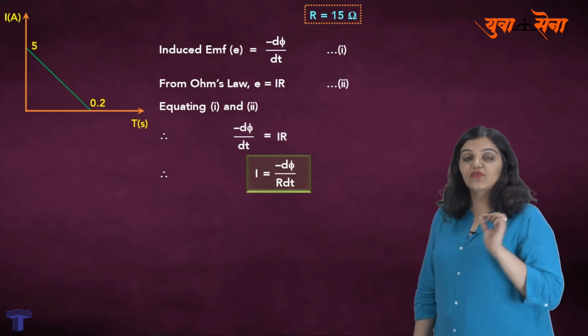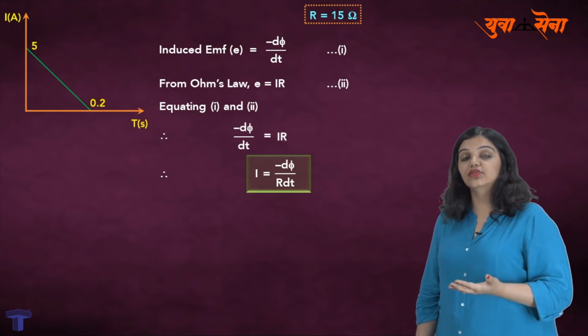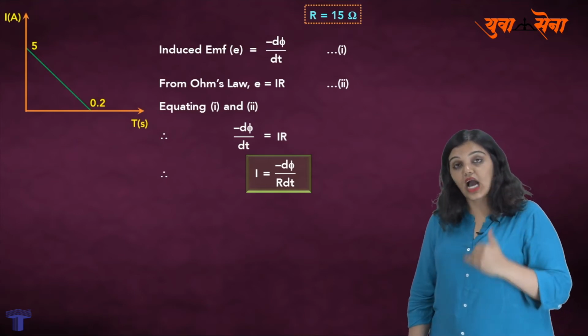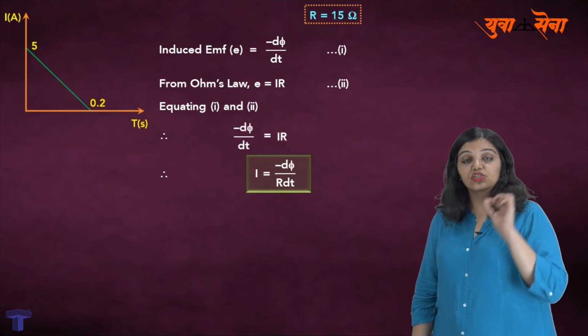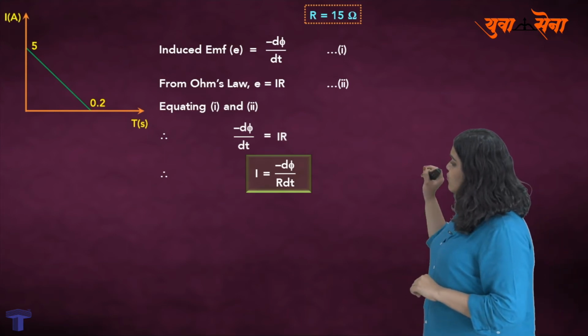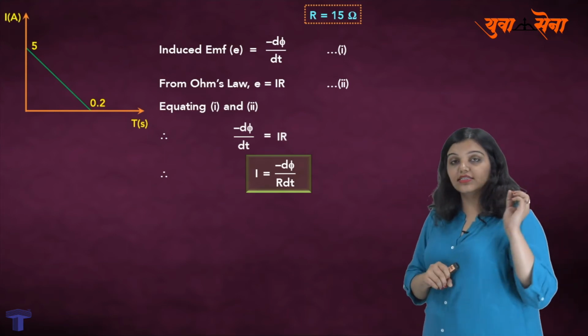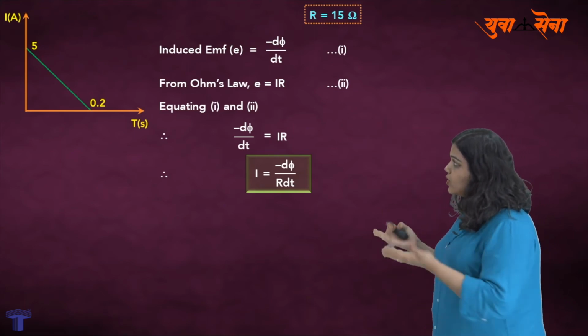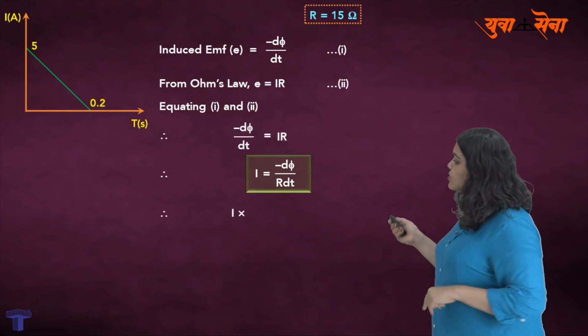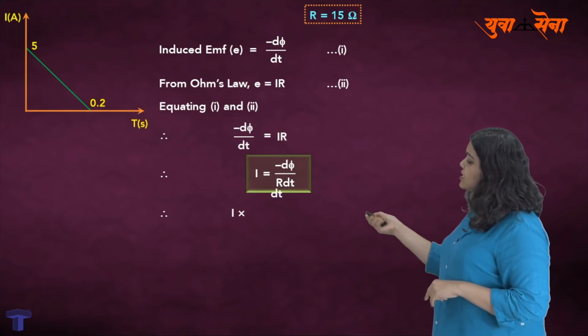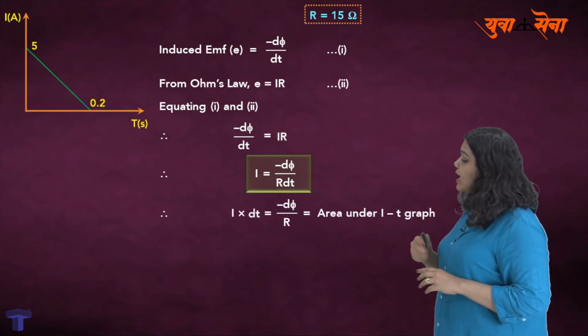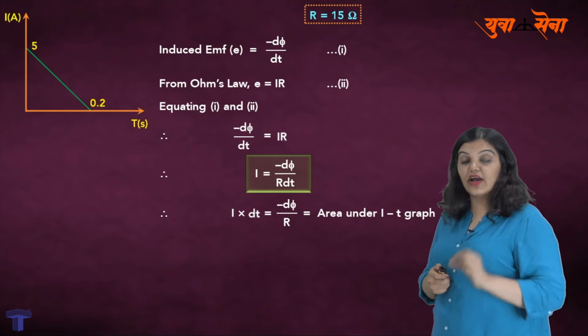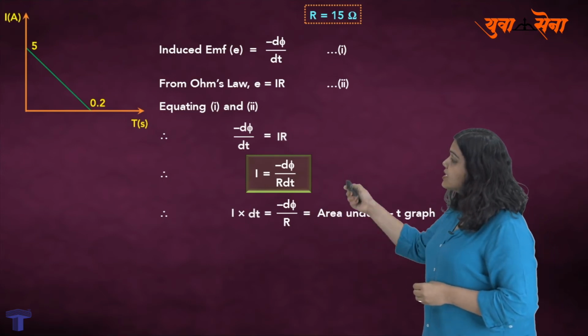Now once I have this formula for induced current, the next thing to think about is what it has been asked. What has been asked is to find the change in flux. That is, I need to find what is d phi, that is the change in flux. Now to do that, I have to use this graph. Now what can I use about this graph? To see that, I'm going to rewrite this formula. I'm going to take dt to the other side, and therefore I get I dt is equal to minus d phi by R. But what exactly is this I dt?